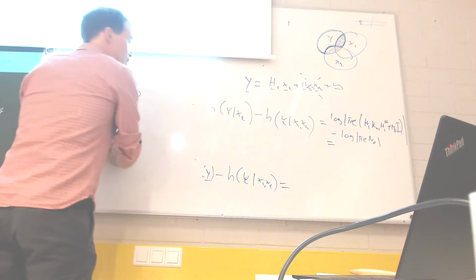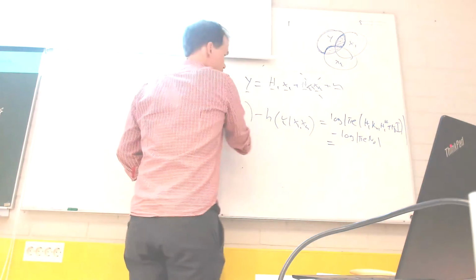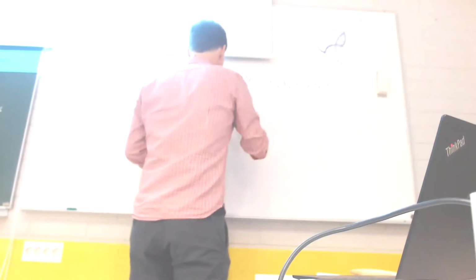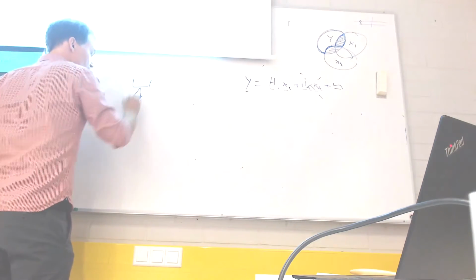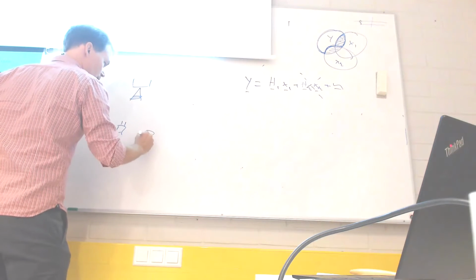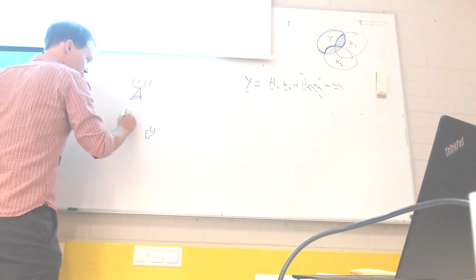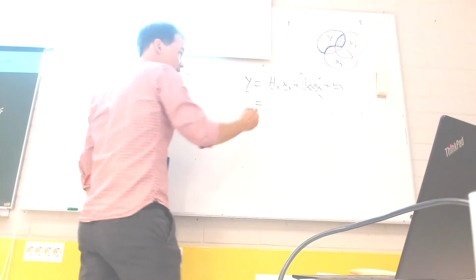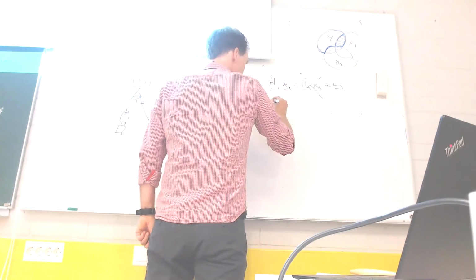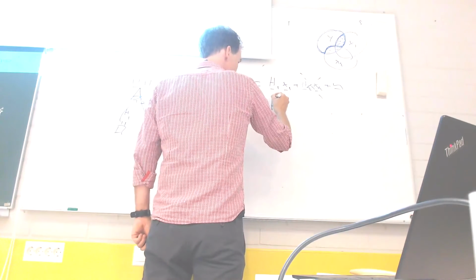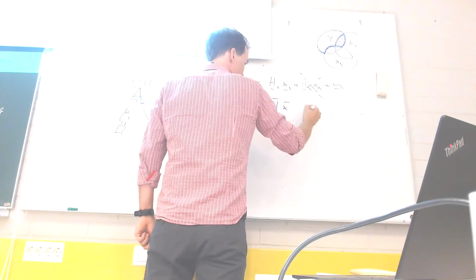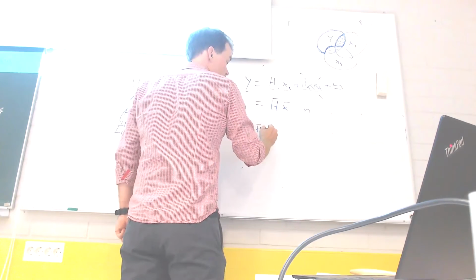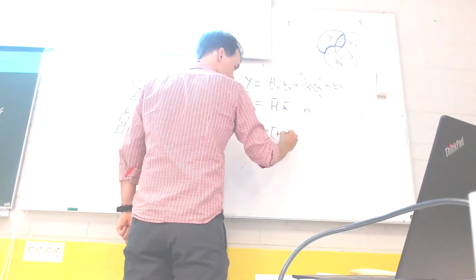By the way, now we have this two-user case with H1, H2, but you can write this system model equivalently as Y = H bar X bar plus noise, where H bar is simply stacked.